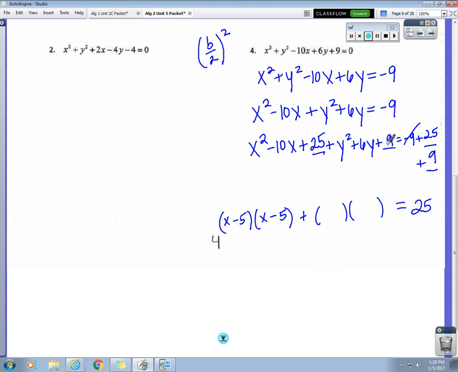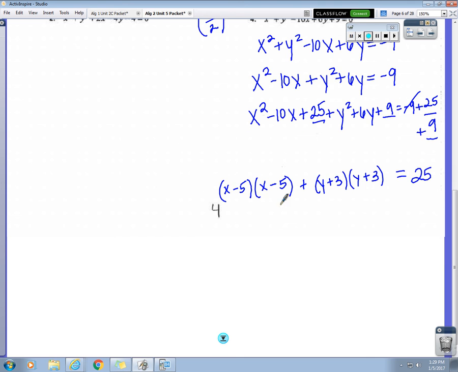And what 2 numbers multiply to 9 and add to 6? Positive 3 and positive 3. Since they match, and they always will, you're able to write the factor once and just square it. And now it's in standard form. It's the equation of a circle in standard form.